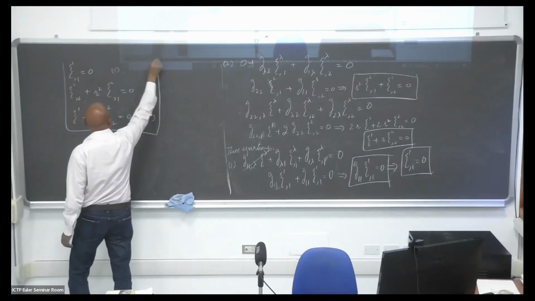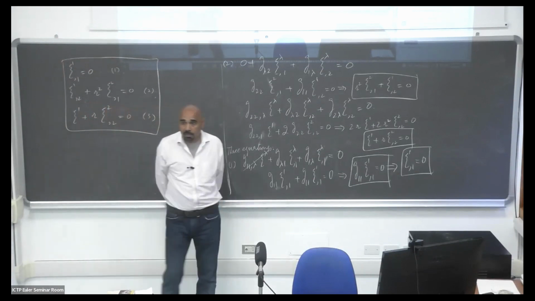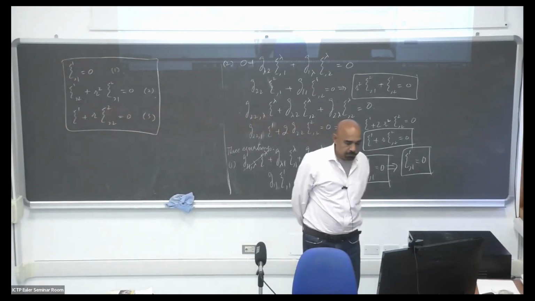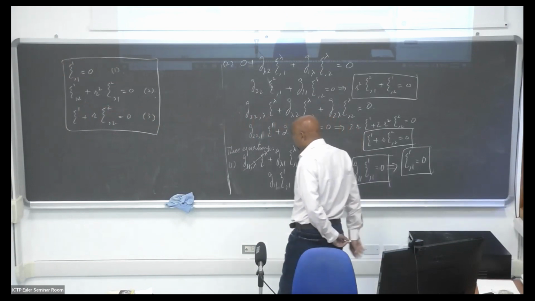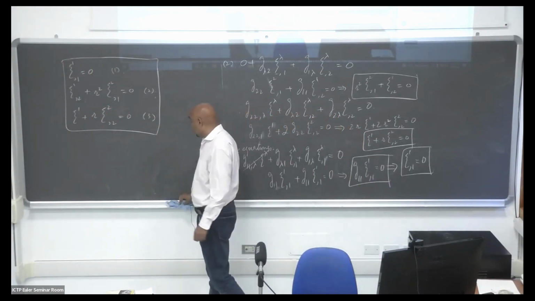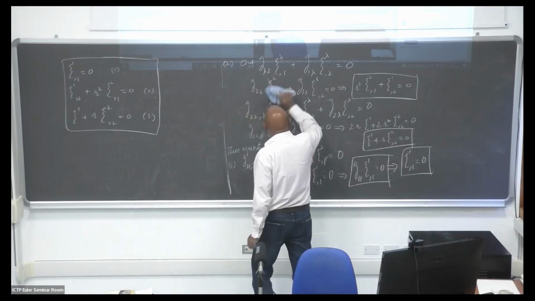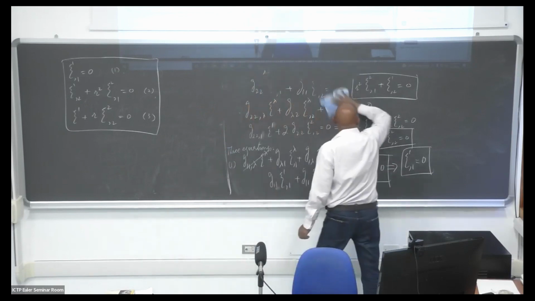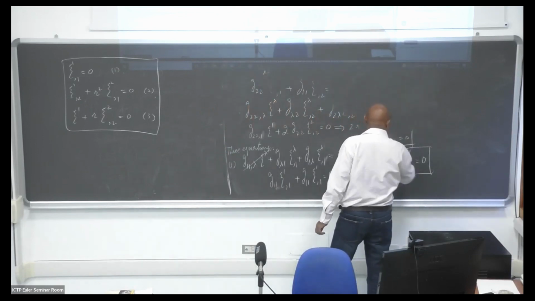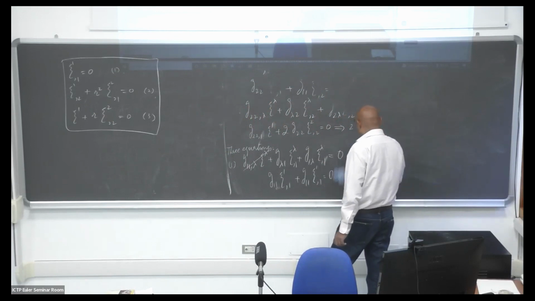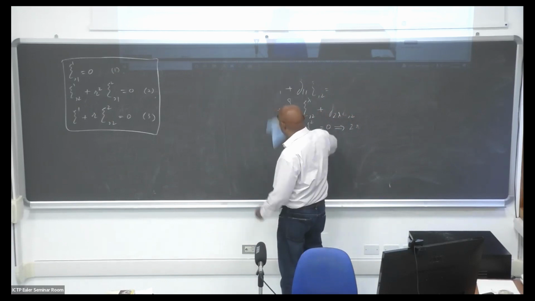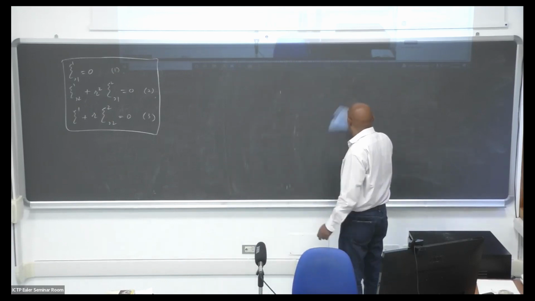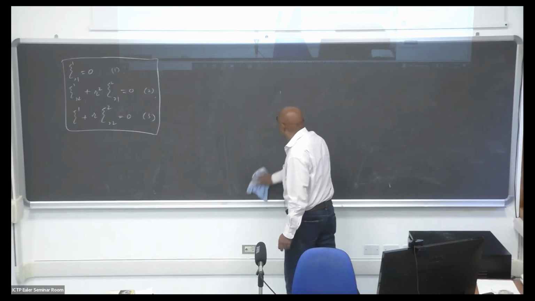This is our set of PDEs for the three components of the vector xi. We solve these and obtain the three components of the isometry on this Euclidean space in polar coordinates.